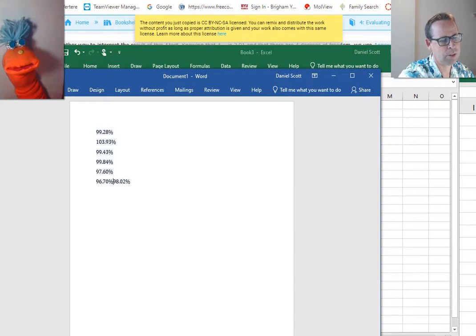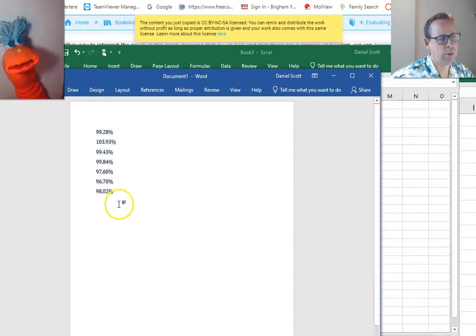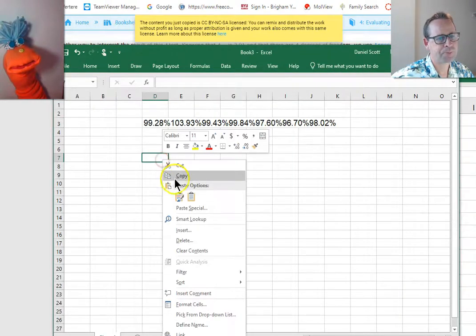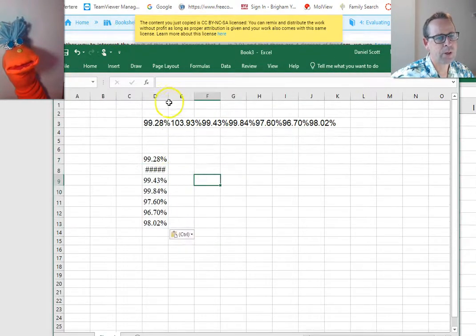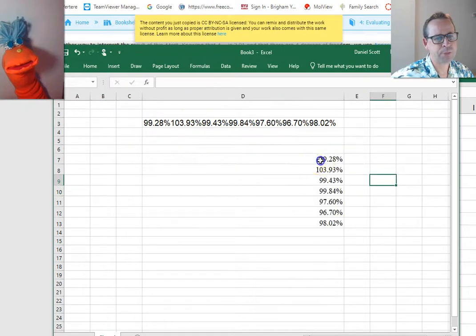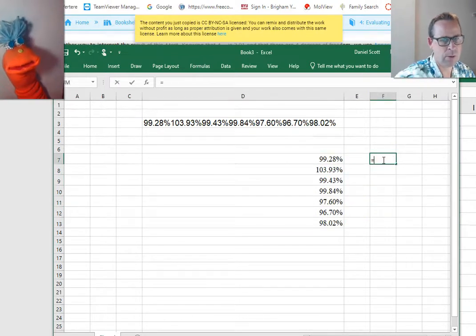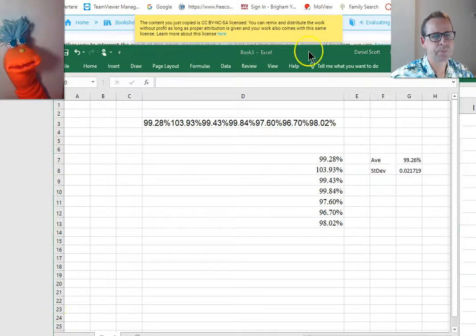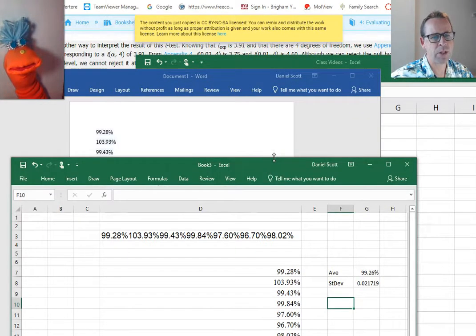See how lazy I am? I think I'd do the same thing. Okay, we've got our values now. Get them into Excel here. Okay. So, average, right? And standard deviation. Okay, so we got our average and standard deviation now.